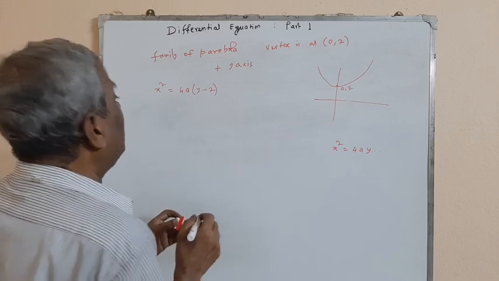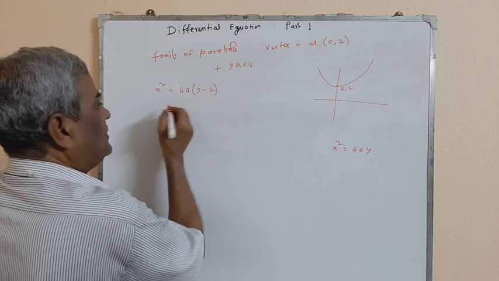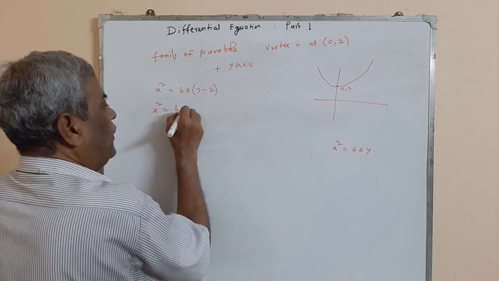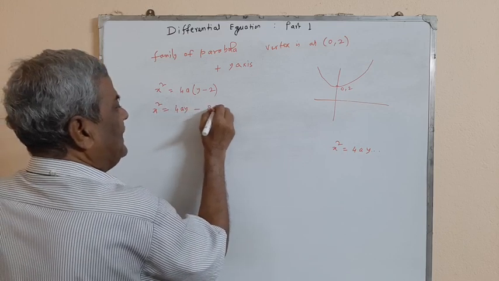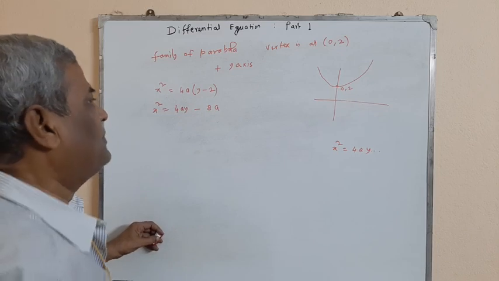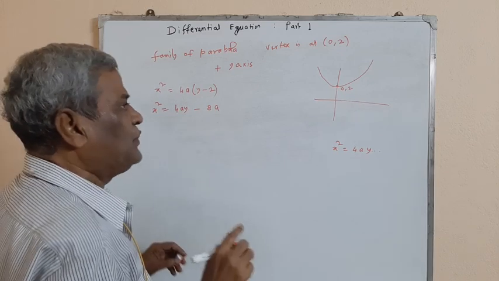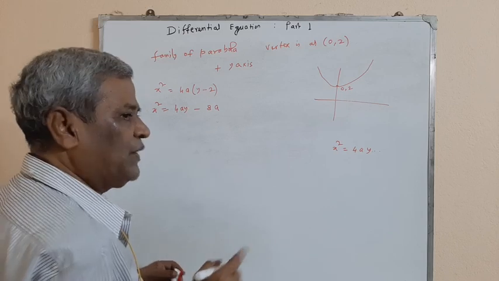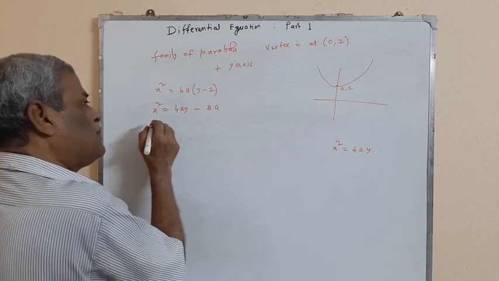Now first simplify it. X square is equal to 4ay minus 8a. Only one parameter is given, which is a. So we are allowed to differentiate only once with respect to x.